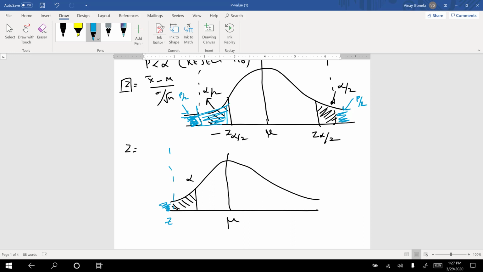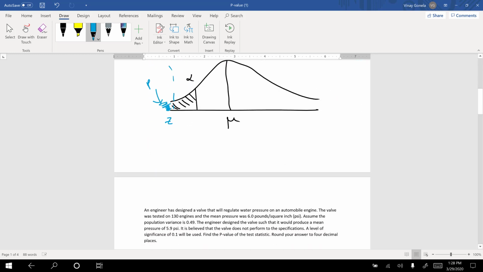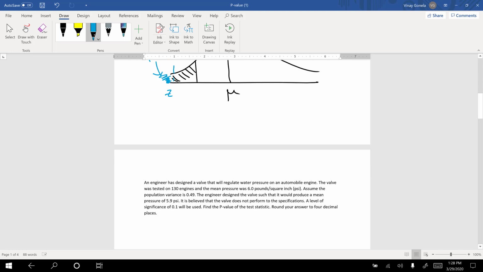This is called p, so obviously p value is smaller than your alpha value, you can say you can reject h null. So that's how you are going to do these p-value problems. I will try to solve this problem, calculate the p-value and see what it says.